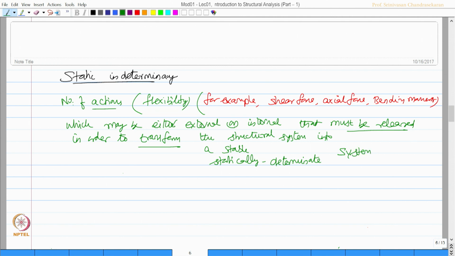So, friends, what is the objective? The objective is a structural system is known to you, convert, transform that system into a statically determinate and stable system. That is the objective. While doing that, you have to identify the number of actions like shear force, axial force, bending moment, etc., which should be released to convert or transform the problem into a simple, stable, statically determinate system.